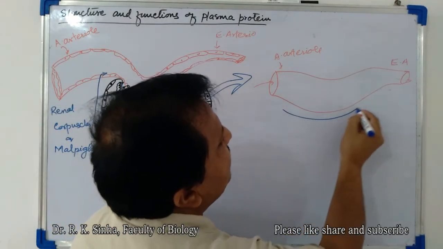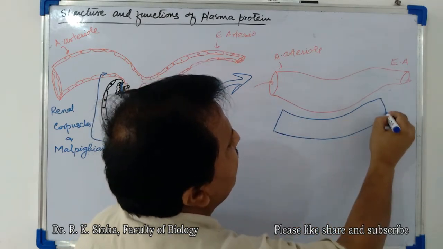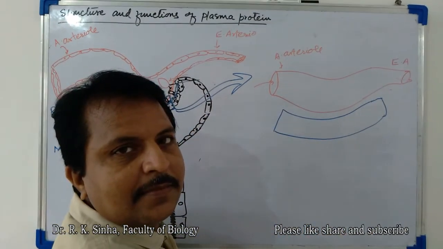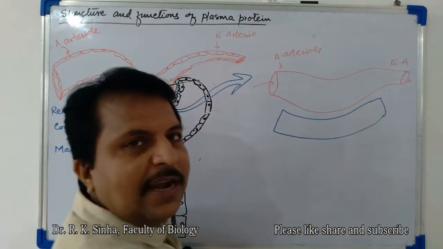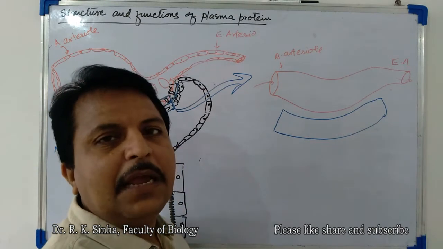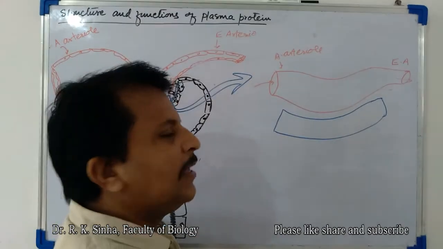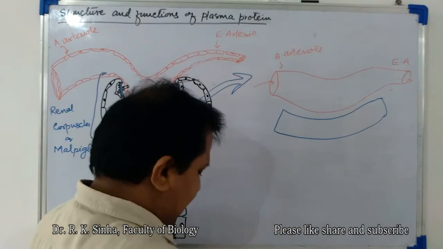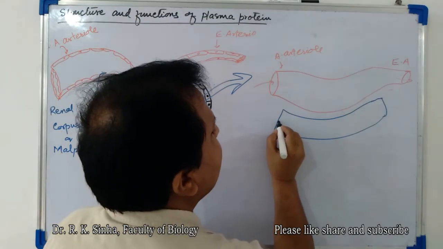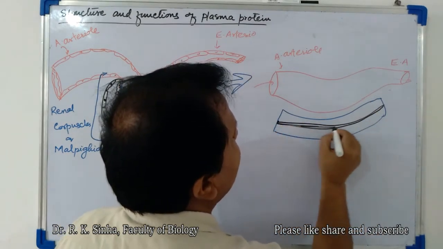There will be the basement membrane in this region, and this basement membrane is a secretion of this layer. There are two different layers of the basement membrane, as we have already studied in epithelium, in histology, animal tissue structure. There is the lamina densa, a thick layer of collagen protein.